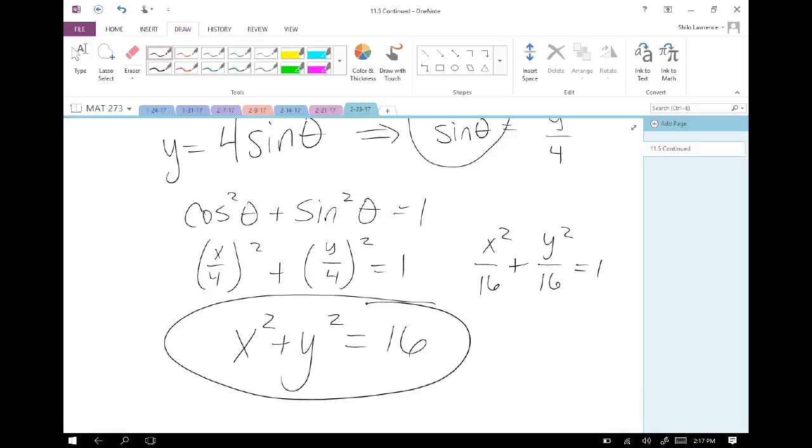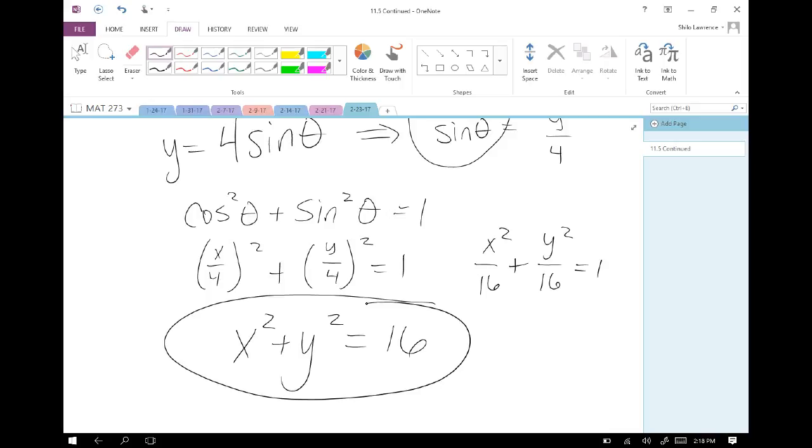So if they gave you tangents and secants, then use a different Pythagorean identity, and it would turn into a different graph.